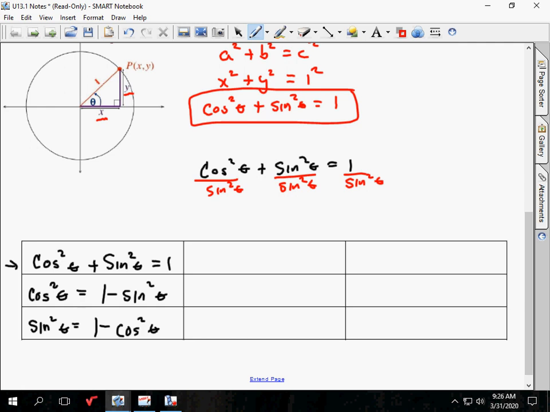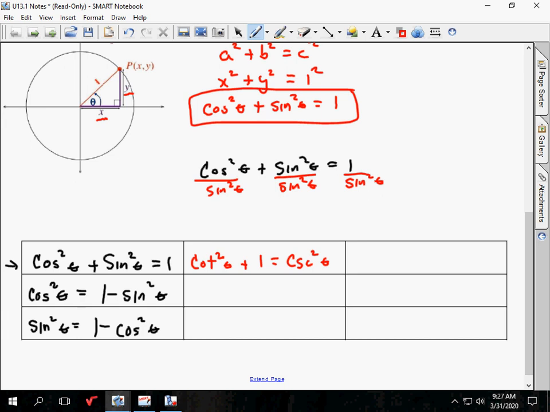Now I simplify that. Cosine squared divided by sine squared is a reciprocal identity, and that's cotangent squared. So cotangent squared plus, and then sine squared divided by sine squared is 1, equals 1 divided by sine squared, which is the same as 1 over sine, squared, and that's cosecant squared. So I get this new identity here.